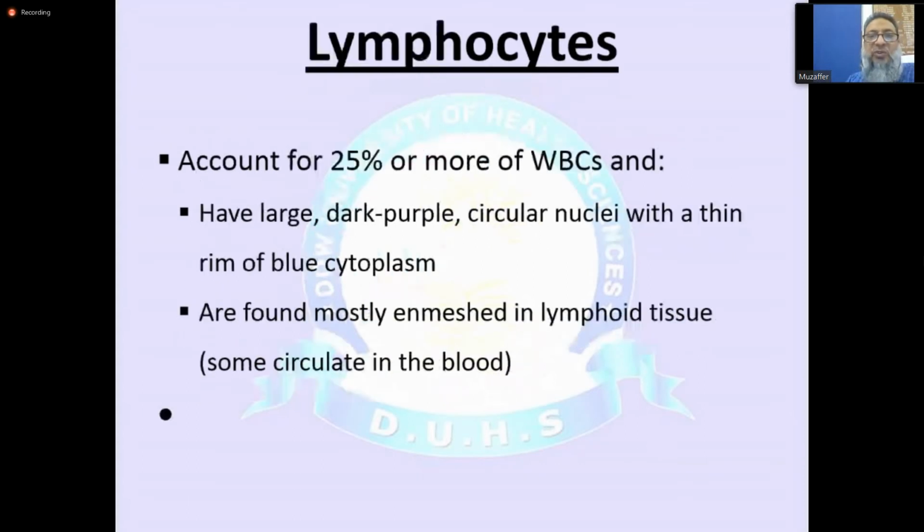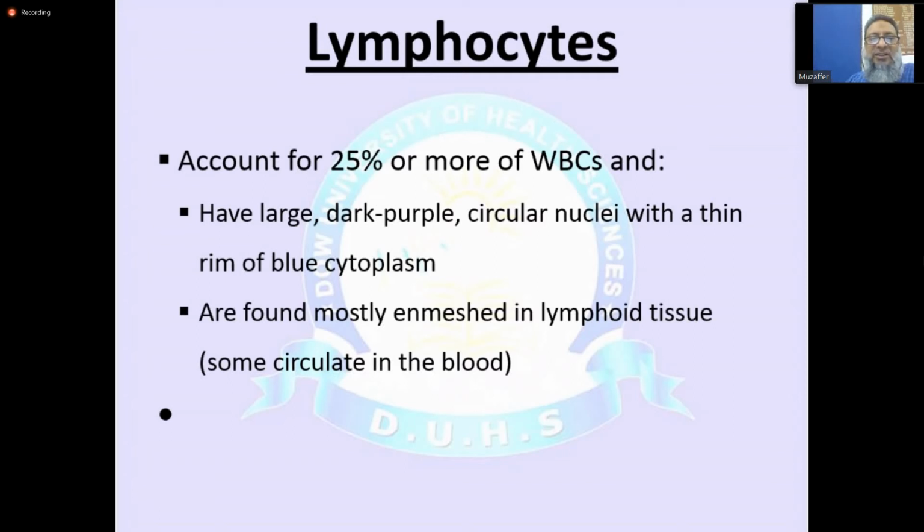I would like to show you here some diagram pictures of those. Lymphocytes account for 25% of the total WBC count, and they have large, dark purple circular nuclei with a thin rim of blue cytoplasm, because their nucleus is larger and occupies almost the whole cell.